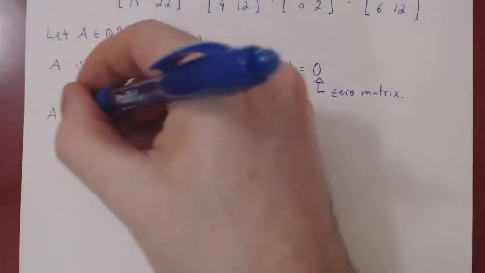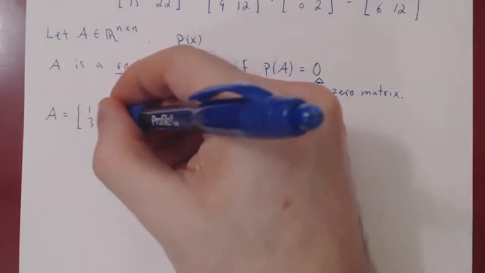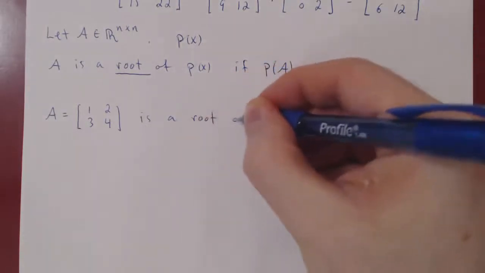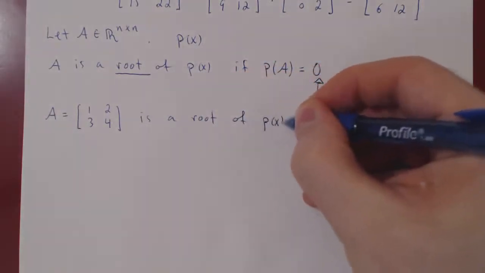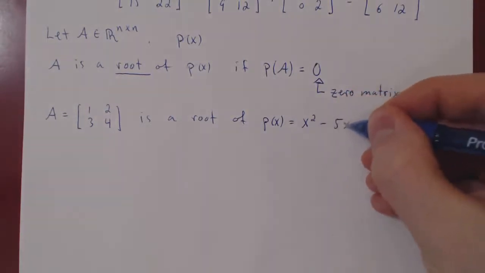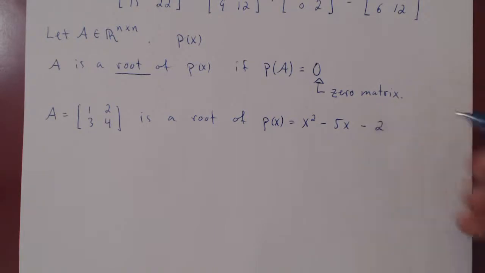The matrix A, as we have used previously, 1, 2, 3, 4, is a root of P of x equals x squared minus 5x minus 2.